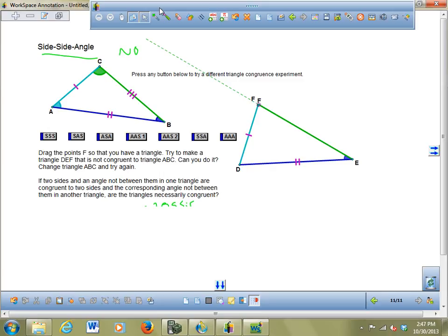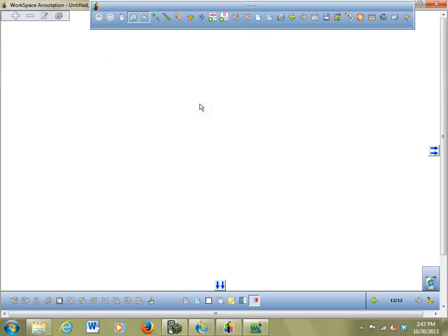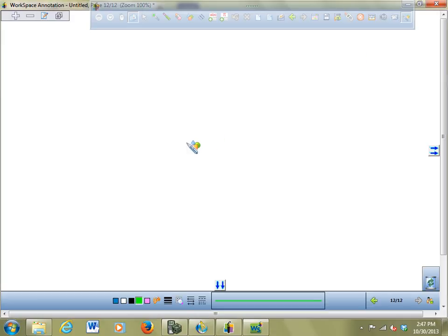But let's look, for example, at something that looks like this. And things that I draw are not necessarily to scale. Okay? So I'm going to draw a triangle that looks like this, that looks like this, and this.